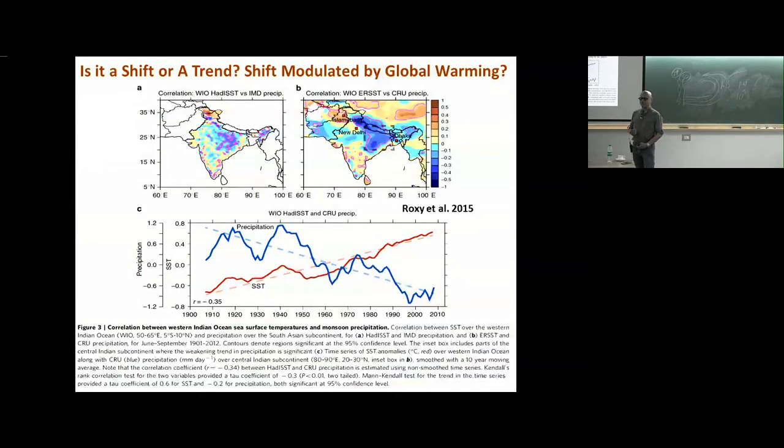What should happen with global warming for the monsoon? Start from there. We said the monsoon is related to... So what should happen with global warming? The contrast is weakened. Why did it weaken? What should happen? Don't say what happened. What should happen?